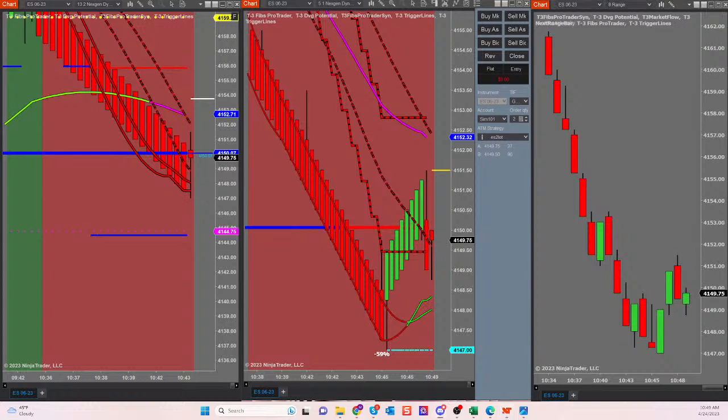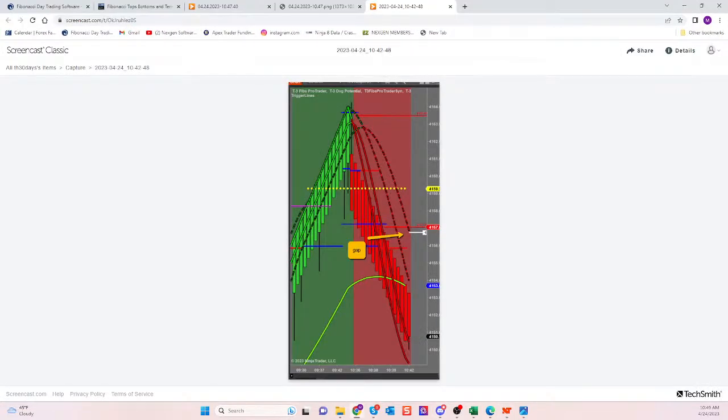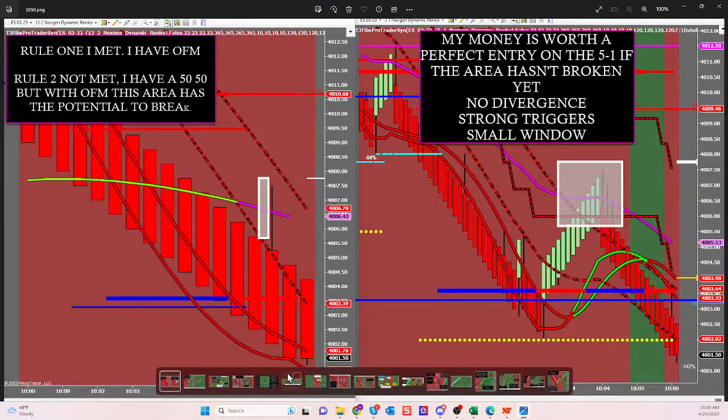Luciano, let's see what you did. Not exactly, Luciano. The top of the trigger is there, but look where the pullback to the large triggers would happen, 41.54, right? So I'm glad that you posted this picture.